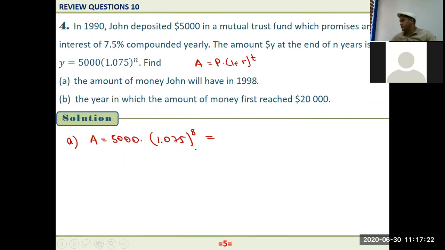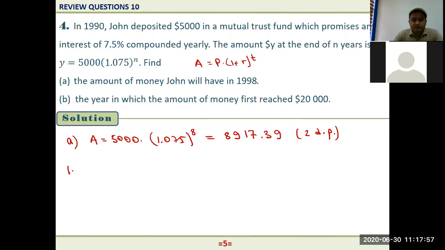So this is equal to 5,000 times 1.075 to the power 8, which is equal to 8917.39, corrected to 2 decimal places. So John will have $8,917.39 in 1998.